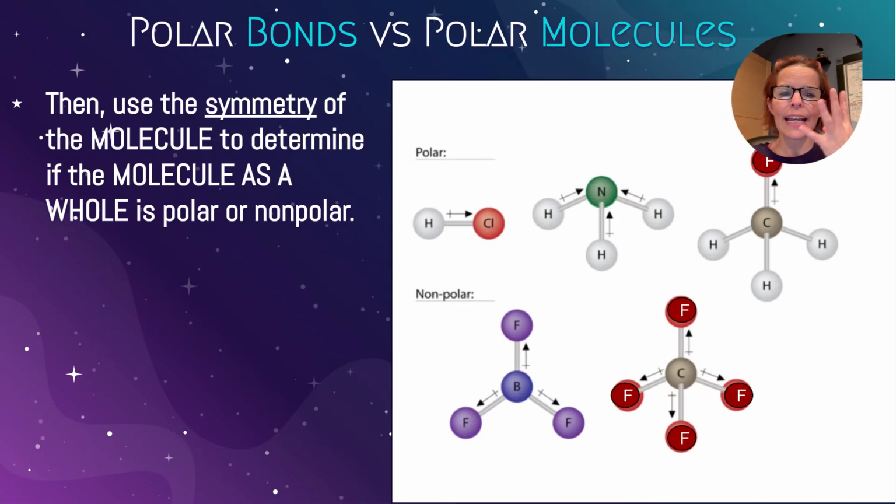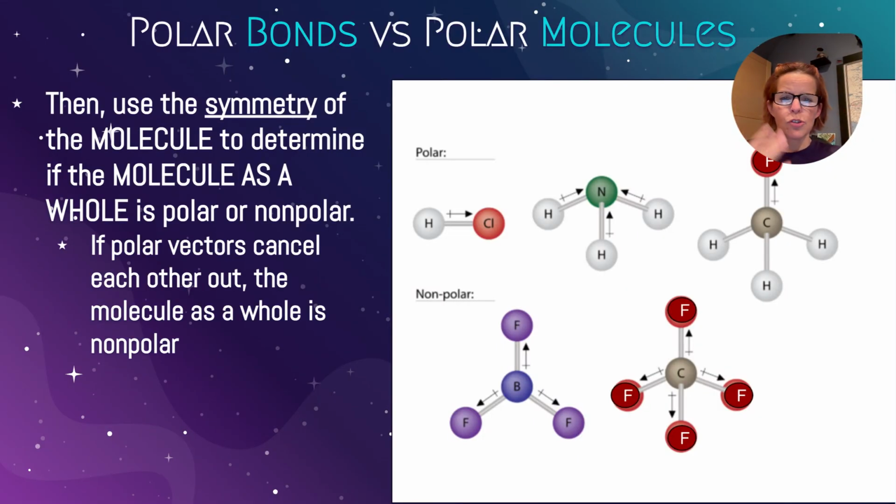Now, in my class, I asked you to learn 4 shapes. You needed to know linear, bent, trigonal pyramidal, and tetrahedral. So it turns out that linear and tetrahedral are symmetrical molecules, and bent and trigonal pyramidal are asymmetrical molecules.